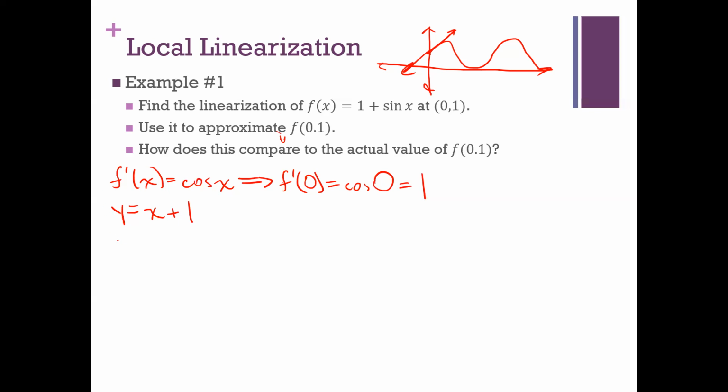So if I use this linearization, then I can say f of 0.1 is approximately equal to what? 1.1, right? So that's what f of 0.1 is approximately equal to based on the linearization that we did.